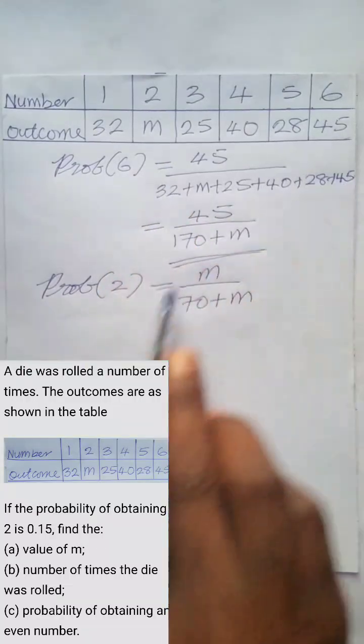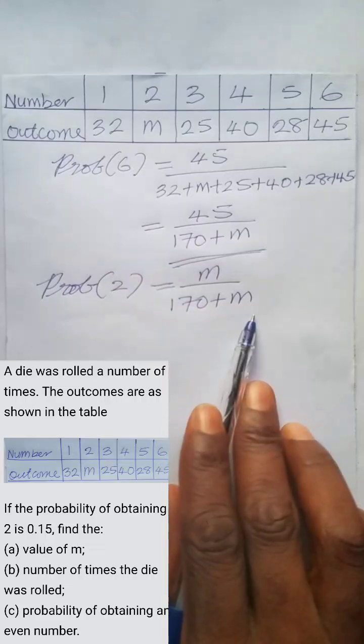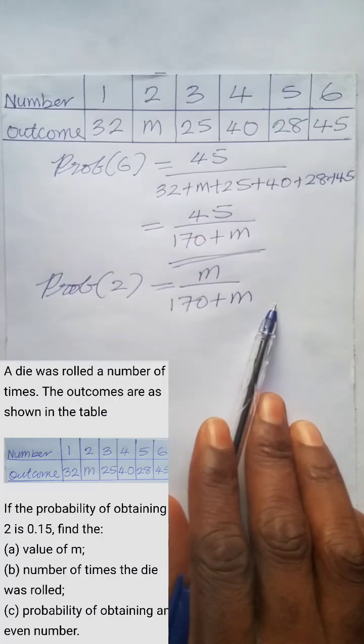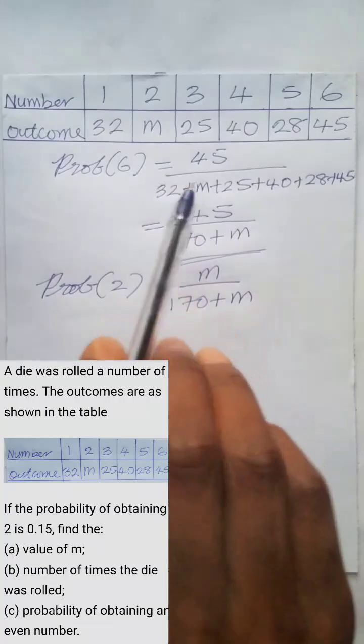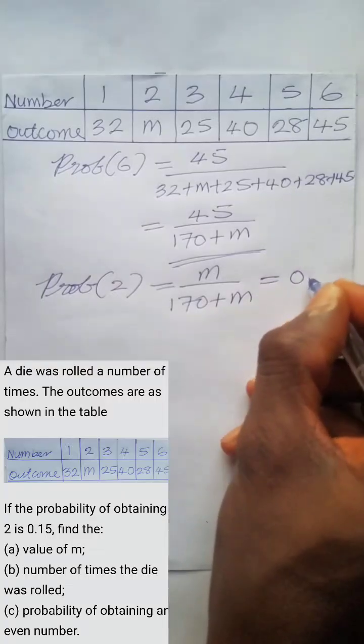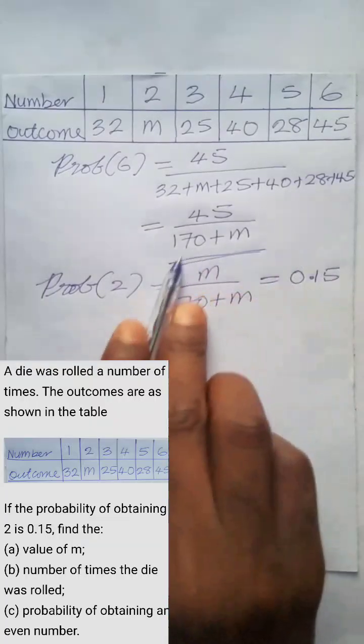You write all this down. But this doesn't leave us hanging. We are told that the probability of getting a 2 is 0.15. So now I've gotten an equation where I can solve this.